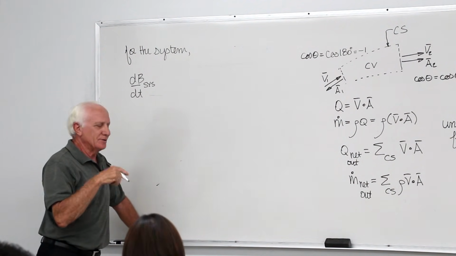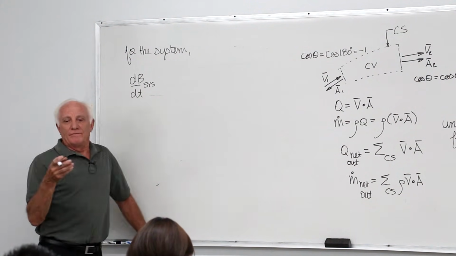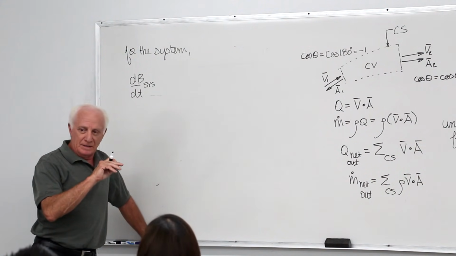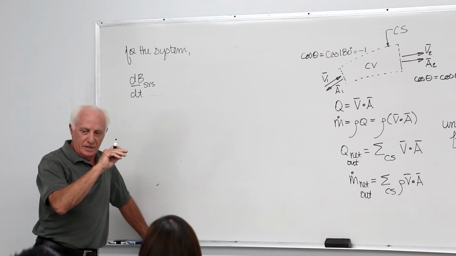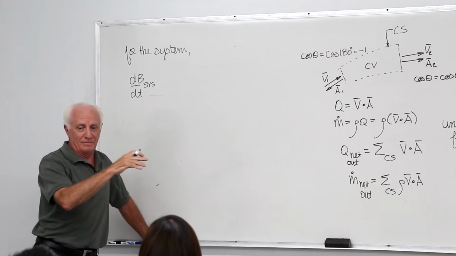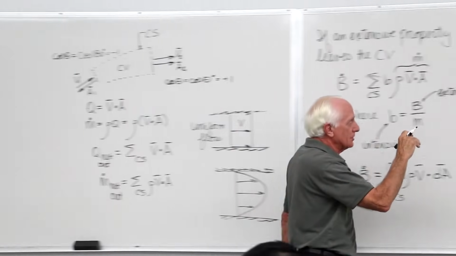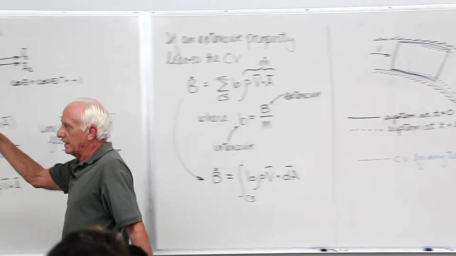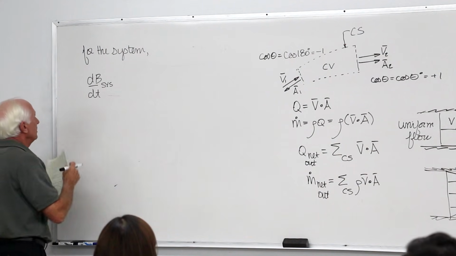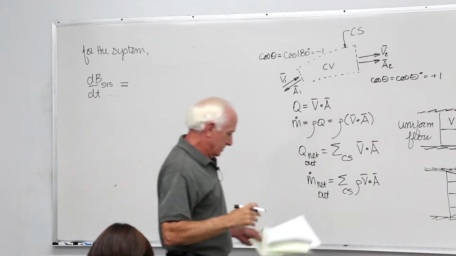If you get confused, just say to yourself, energy. If you watch a cubic inch of water come in from your cold water pipe and go through the hot water heater, is it going to change its energy? Yes, because you're adding heat from the natural gas burner. Well, B is like energy. B can be various properties: energy, momentum, mass. So this is the time rate of change of the amount of B in the system.